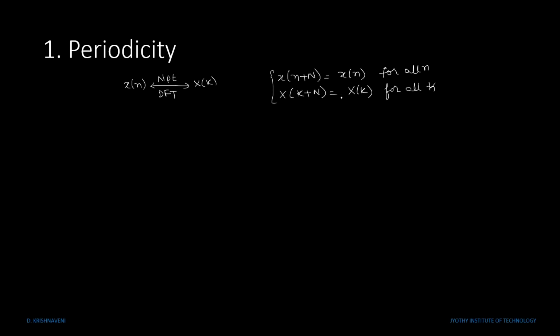So the periodicity property indicates that x of n is periodic with a period of capital N. Similarly, x of k is also periodic with a period of capital N.